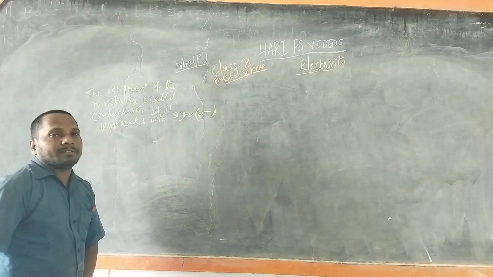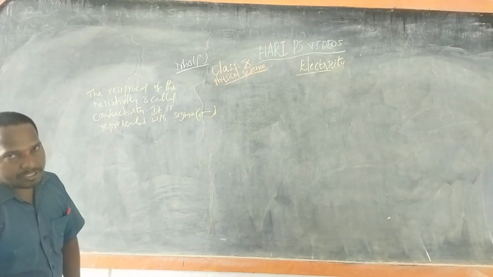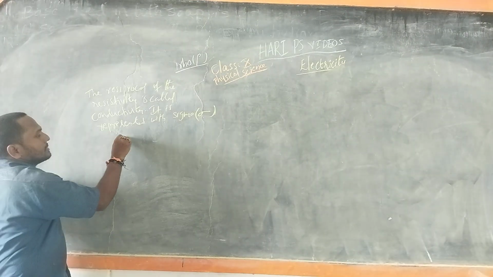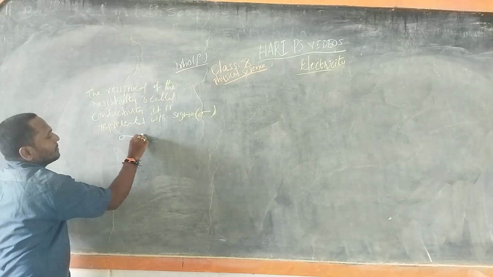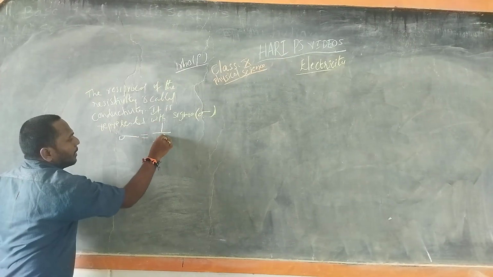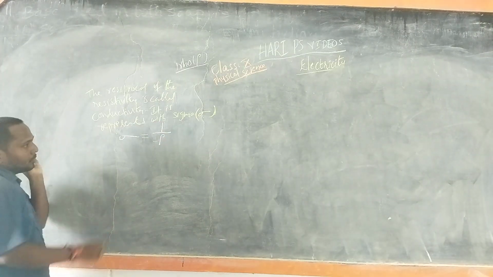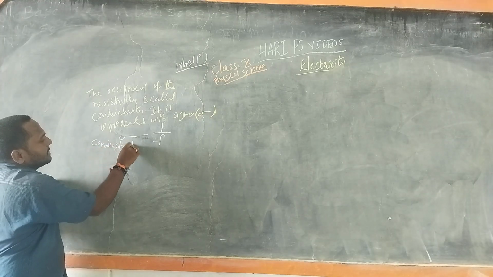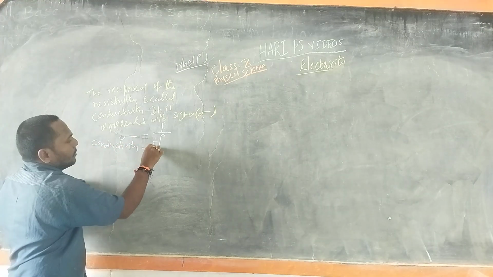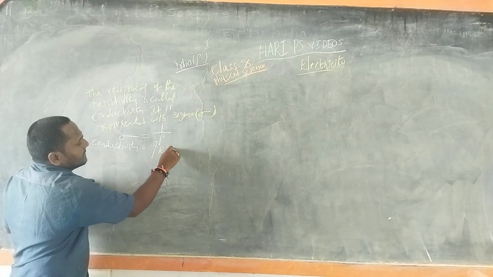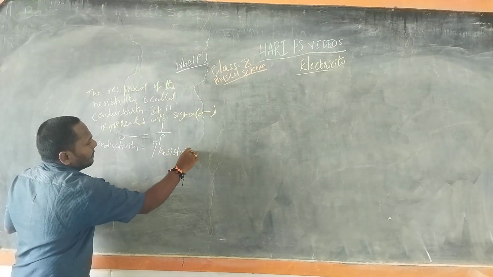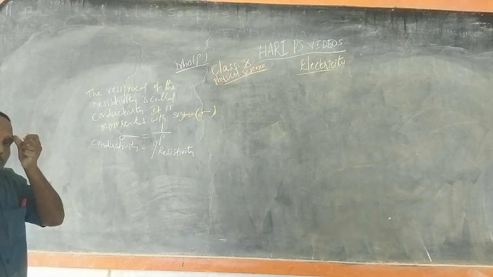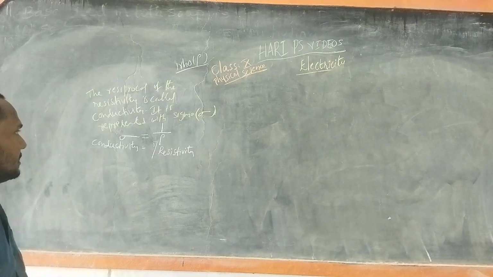Sigma is the symbol of conductivity. So sigma or conductivity is equal to 1 by rho. So that means conductivity is equal to 1 by resistivity.